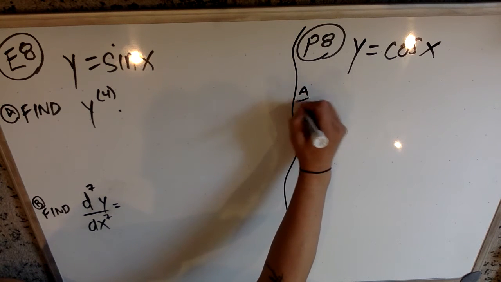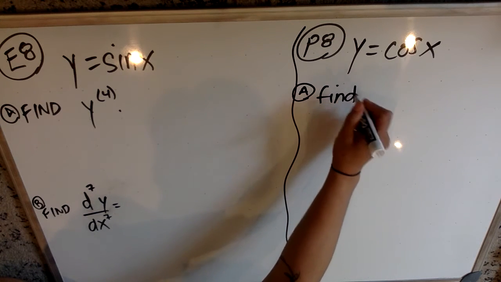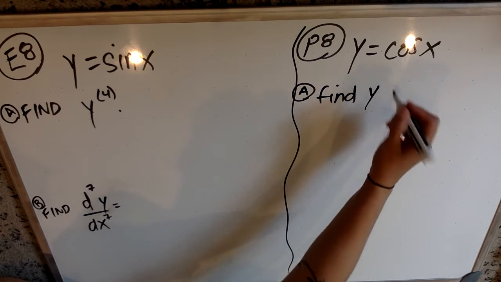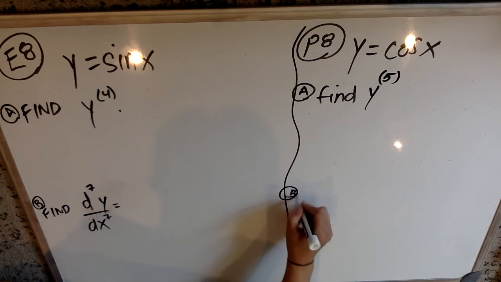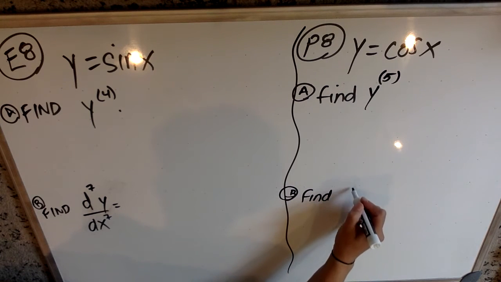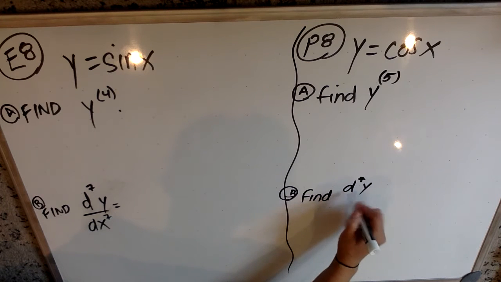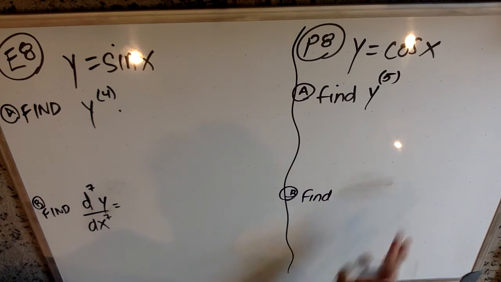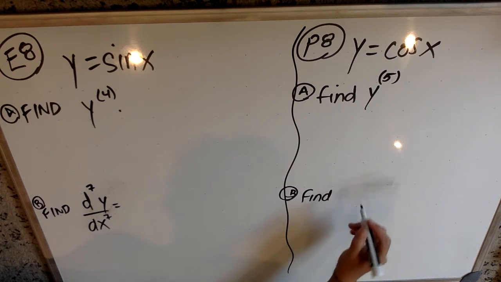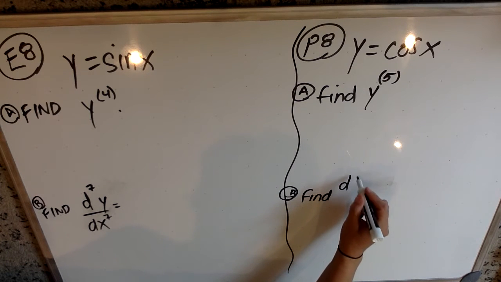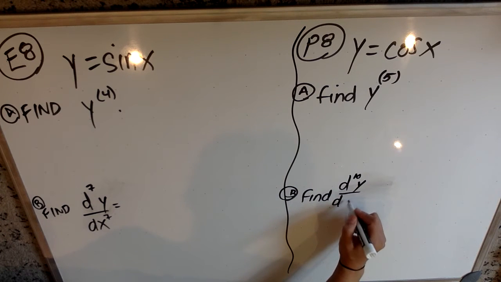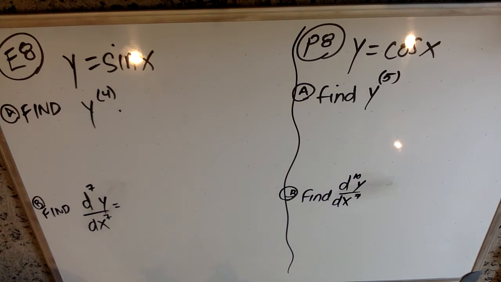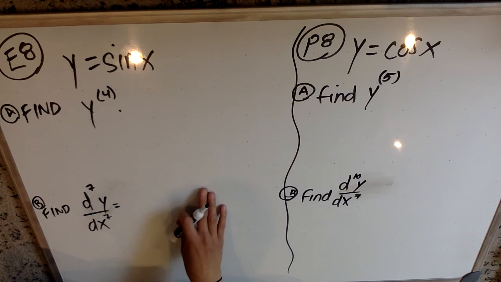So for A, let's find the 5th derivative, and for B, let's do the 10th derivative, just for fun. All right, so now you might say, okay, wow, you're making us differentiate 10 times or 7 times, that's a lot of times. I picked both of these because I want you to spot that there's a pattern.